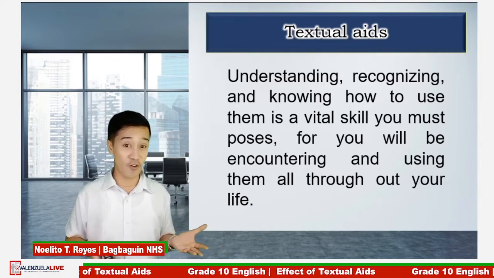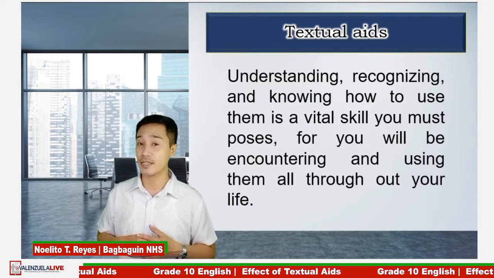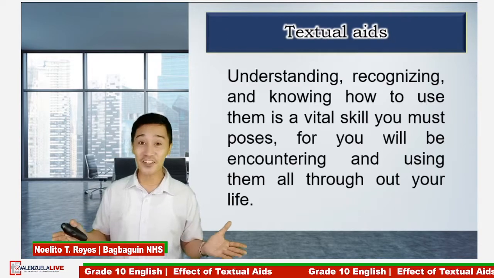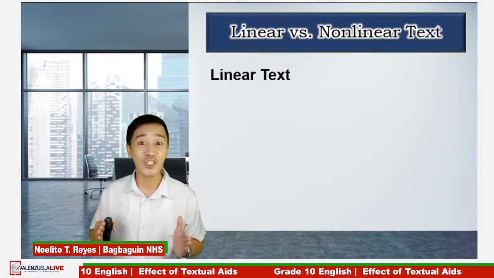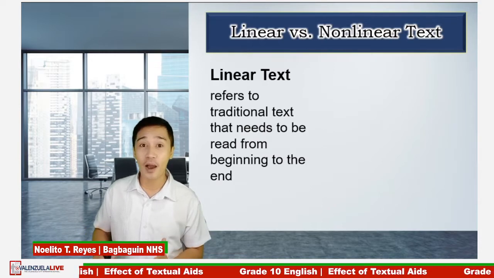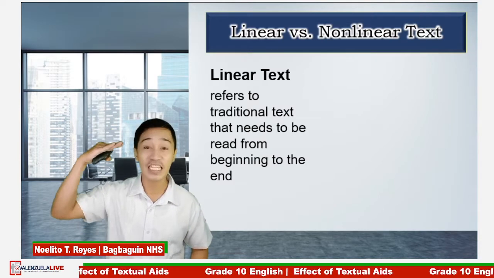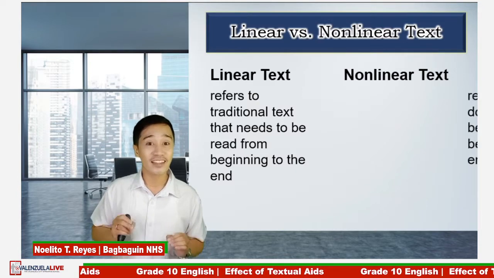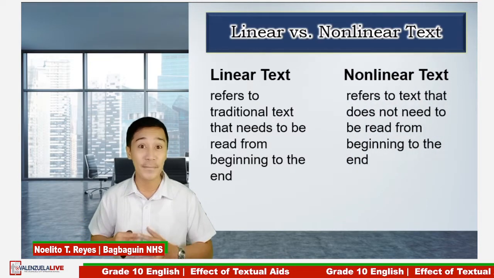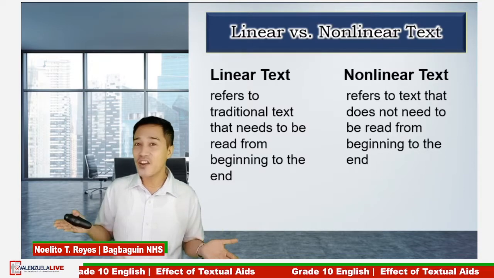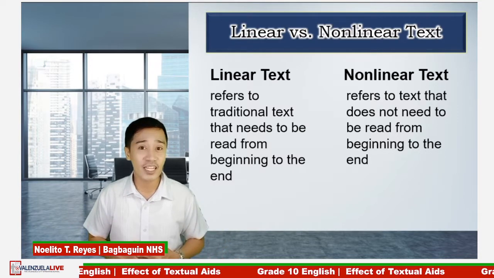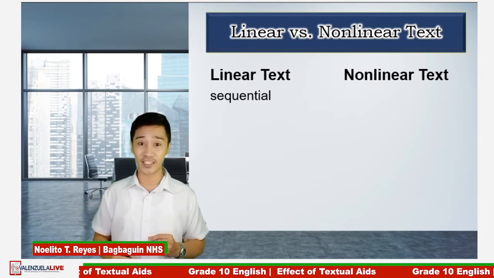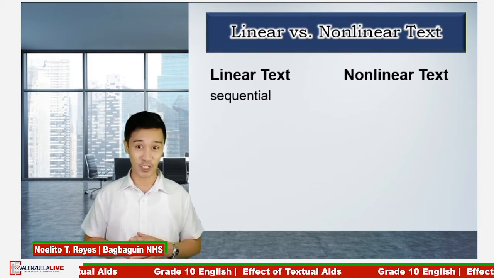Before we move on further, let's first differentiate linear text from non-linear text. Linear text refers to traditional text that needs to be read from beginning to the end, while non-linear text refers to text that does not need to be read from beginning to end. As their name imply, linear texts are linear and sequential, while non-linear texts are non-sequential.